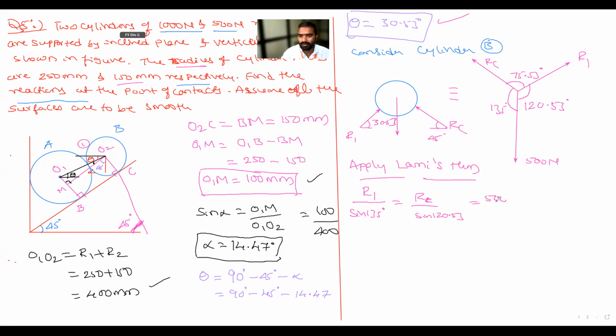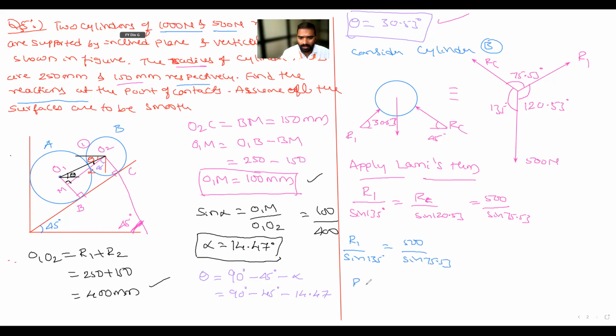500 divided by sin of 75.53. Okay, so in Lami's theorem, consider any 2 terms. I will consider first and last. So R1 divided by sin of 135 is equal to 500 divided by sin of 75.53.